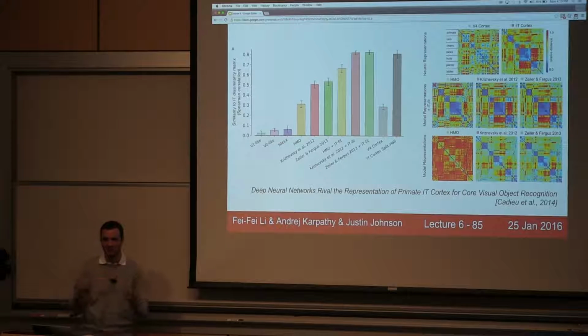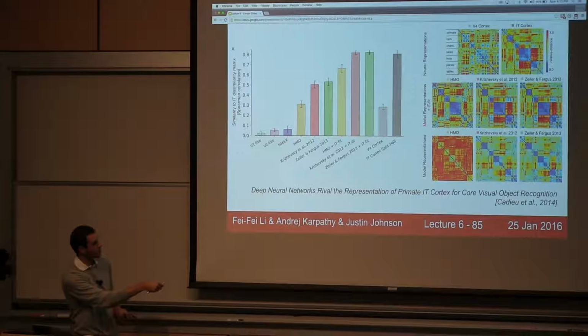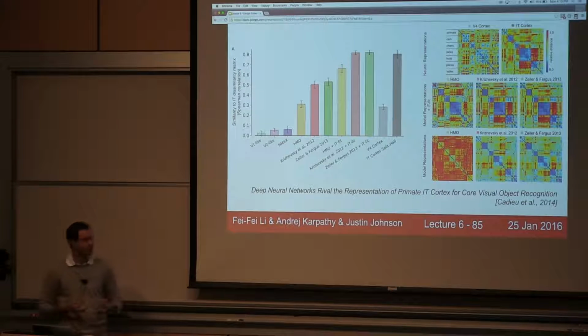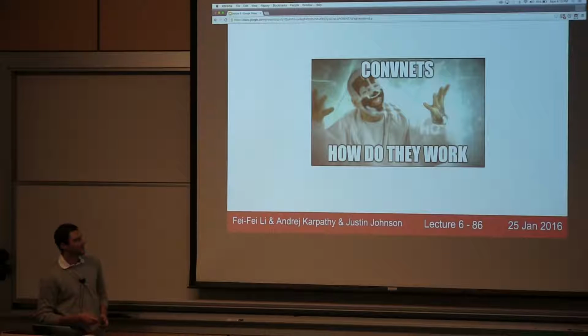There's a mapping between them. It almost seems like similar things are being computed. The way they arrange the visual space of different concepts, what's close and what's far, is remarkably similar to what you see in the brain. So some people think this is evidence that ConvNets are doing something brain-like, and that is very interesting. The only question that remains then is, how do ConvNets work? And we'll find out in the next class. So that's it.